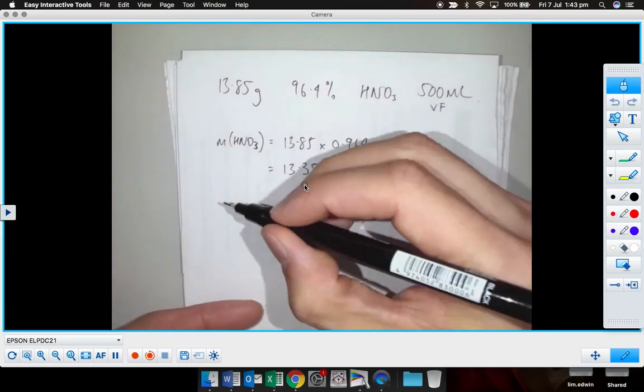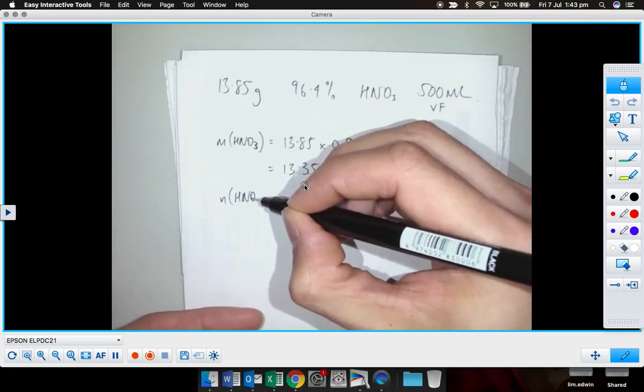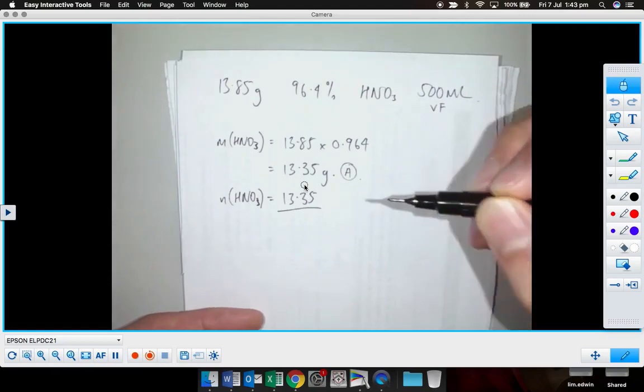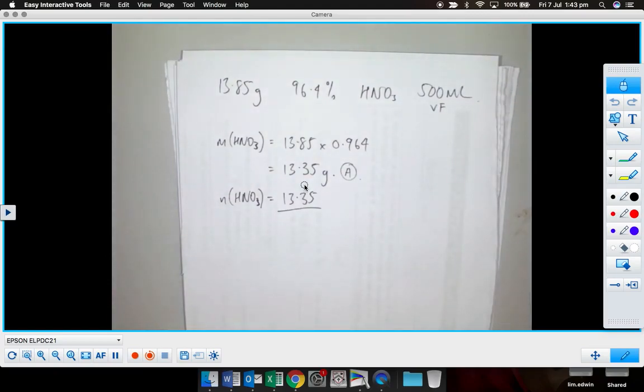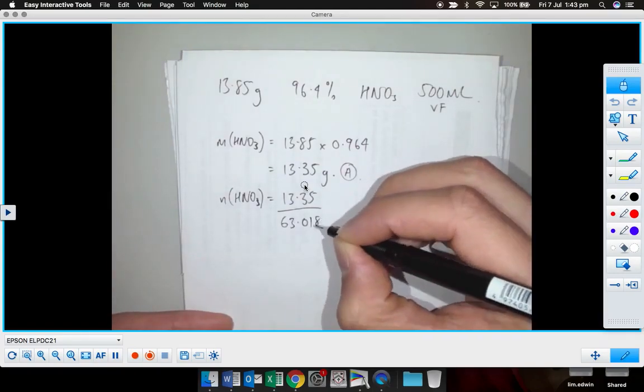All right. So now we can work out the number of moles of HNO3, which will be equal to 13.35 over the molar mass of HNO3, which happens to be 63.018.